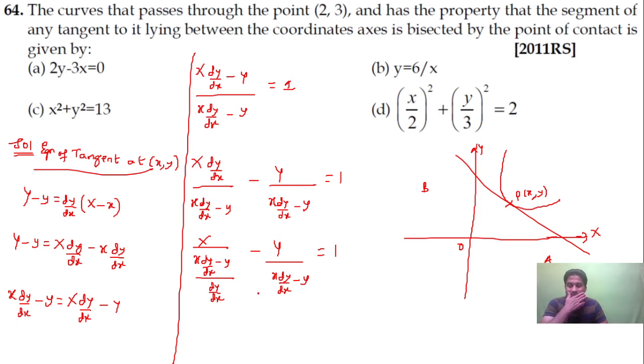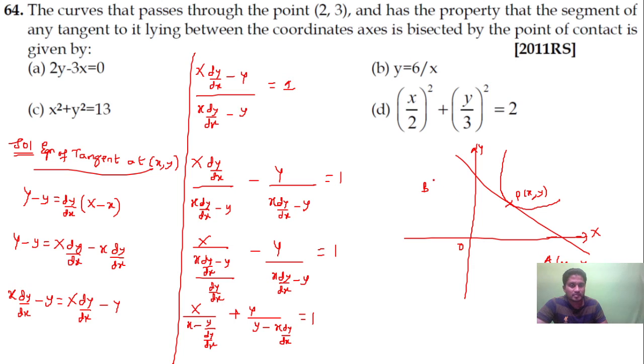So this is in intercept form. So the x intercept will be x minus y upon dy by dx, comma 0.